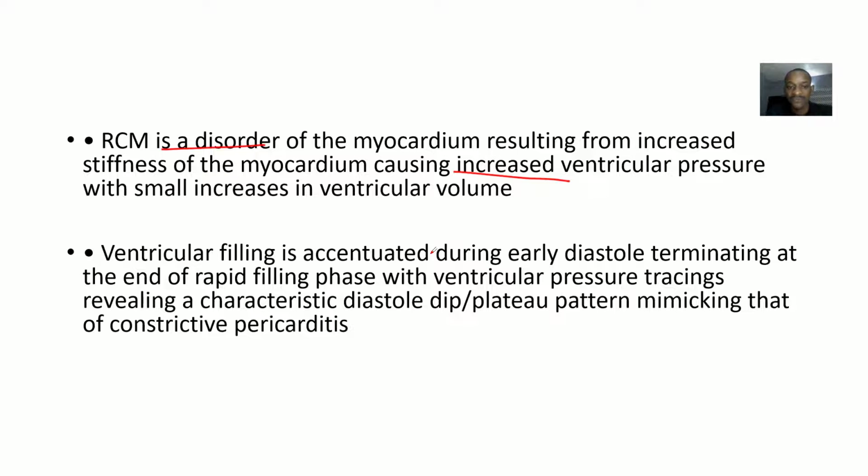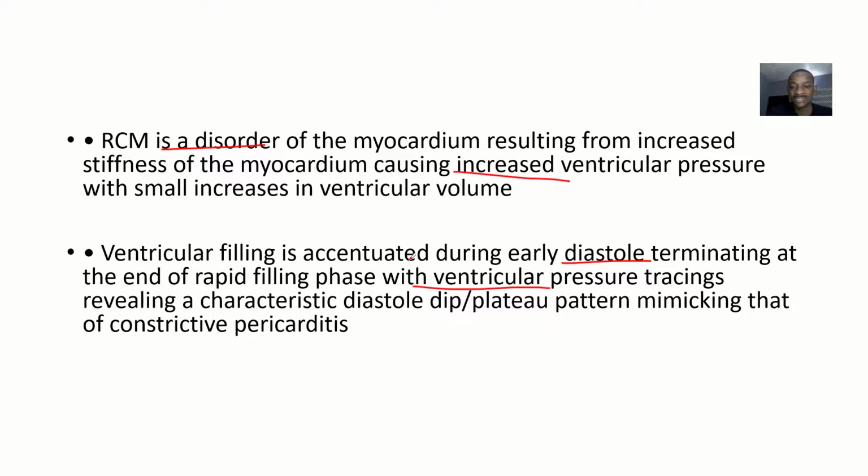So ventricular filling is accentuated during early diastole. You know, diastole is when the heart relaxes to get filled from the atrium. Normally the heart should relax, but we are now saying this relaxing has a problem. So ventricular filling is accentuated during early diastole, terminating at the end of a rapid filling phase, with the ventricular pressure tracing revealing what?